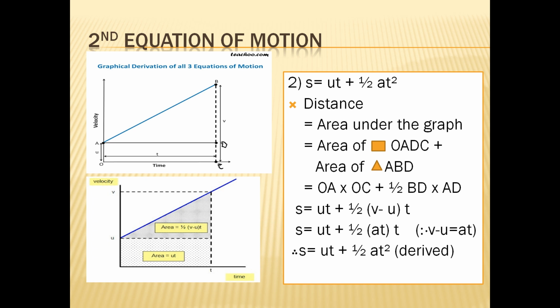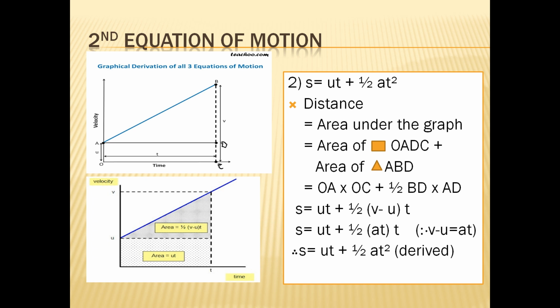In this derivation, you can avoid the second graph. The second graph I have just given to understand the addition of two areas. The above graph is the main thing that you have to draw. This again is a question of 3 marks.